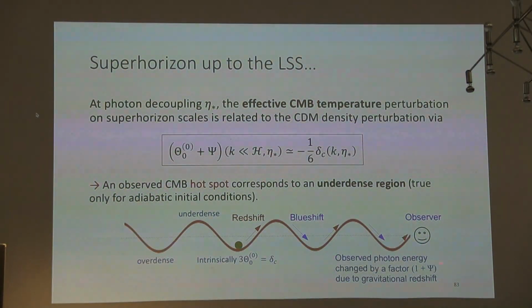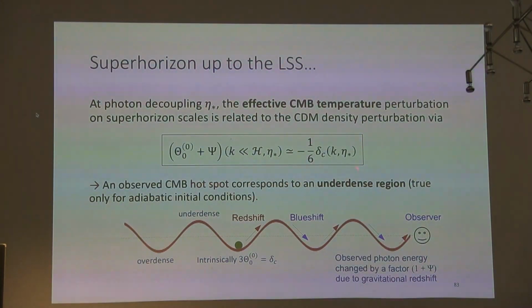So there is a gravitational redshift correction, which goes like 1 plus psi. That's the reason why, when we discuss the CMB monopole, we don't just look at theta naught, we always tag on the gravitational redshift, because that's ultimately what we see. So that's why we construct this quantity.